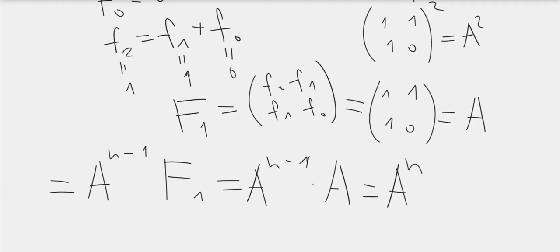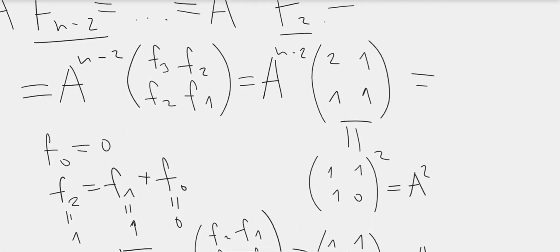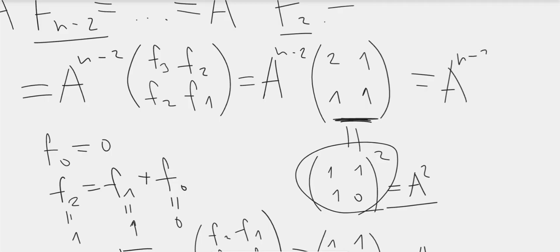And we would get the same thing without the introduction of F0. If we verify directly that this matrix squared would be this matrix, then again this is A squared, and this would be equal to A to the power n minus 2 multiplied by A squared, equal to A to the power of n.